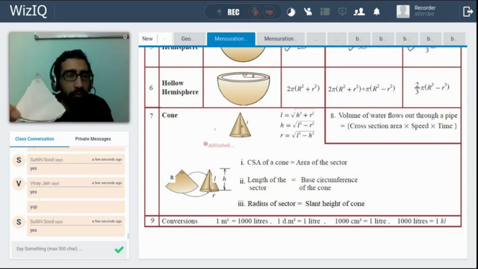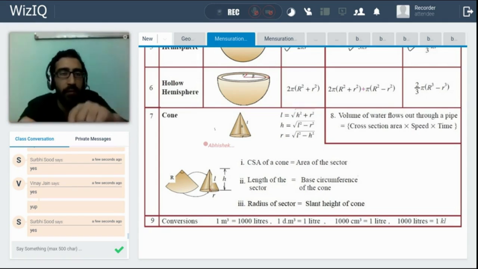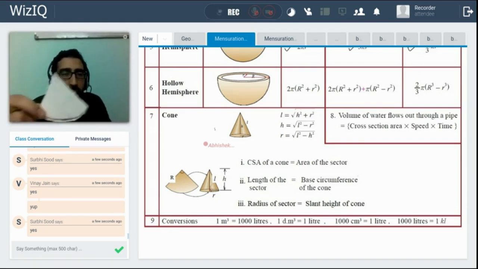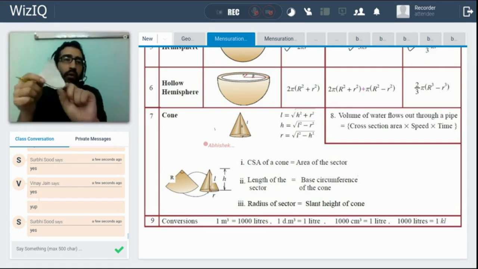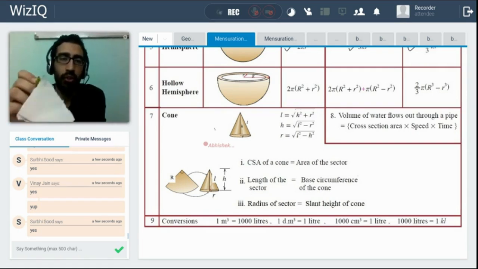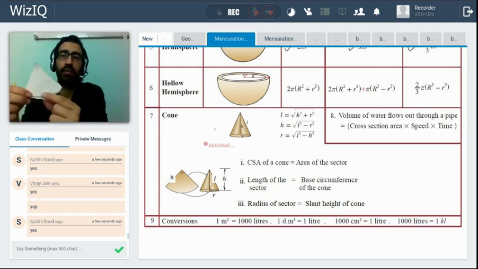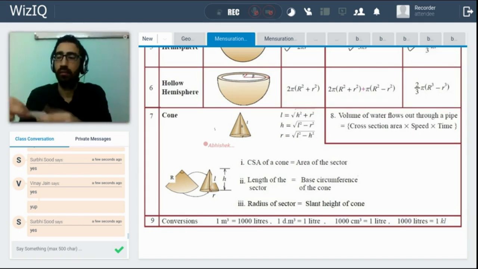It's a sector of angle theta, subtending theta. So imagine this being a large circle. I've cut out a sector of angle theta. If I were to now join the two sides in this manner.